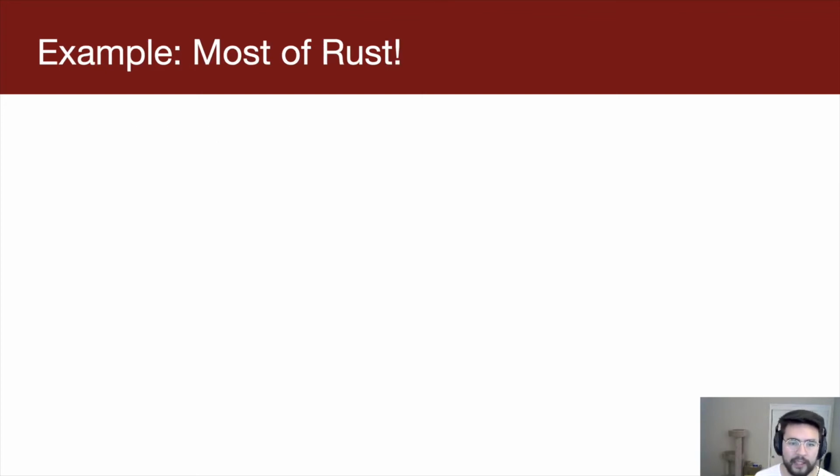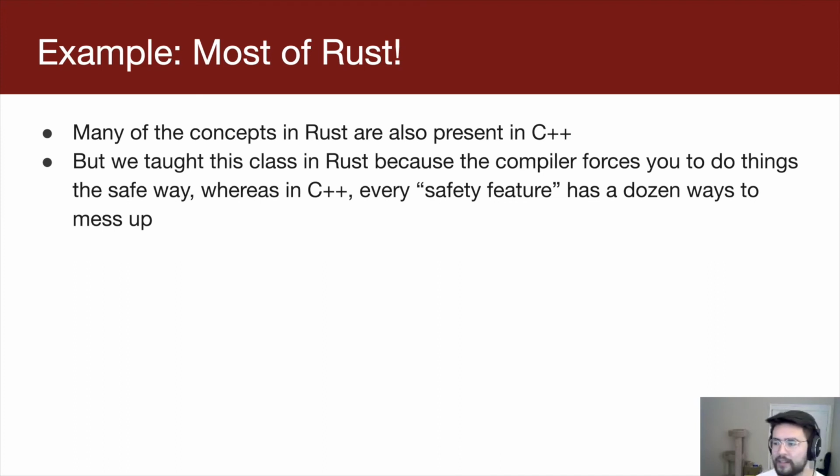So there are a bunch of examples, like all of Rust. Many of the concepts in Rust are also present in C++. This is not a Rust class. We've been presenting ideas that are present in Rust, but they're also present in C++. For example, Option is how you can return either present or not without using nulls in Rust.